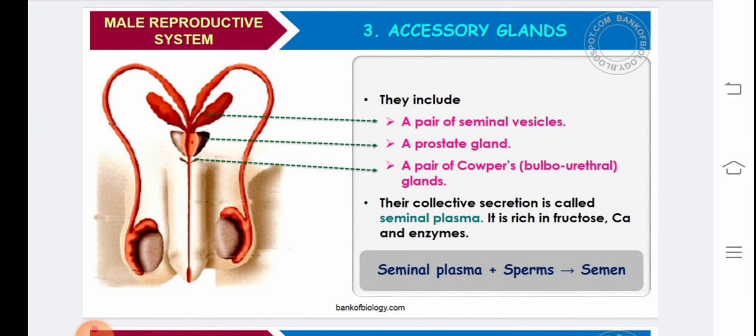So these three glands secrete milky fluid that helps in sperm mobility. Sperm mobility is nothing but movement, motility. So their collective secretion is called as seminal plasma, which is rich in fructose, calcium, and enzyme. So this seminal plasma along with sperm is referred as semen.